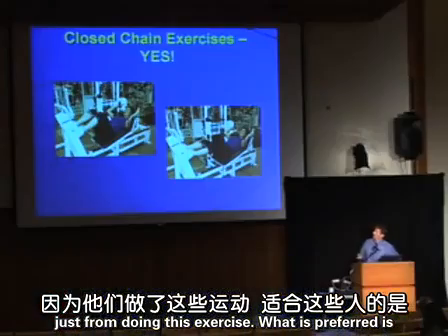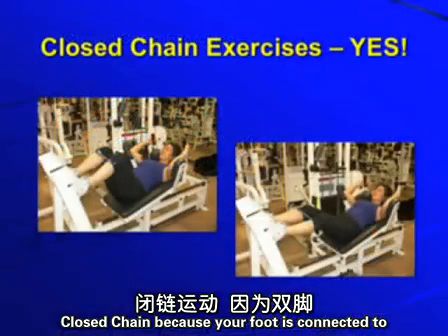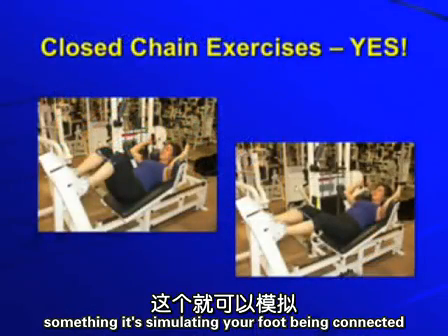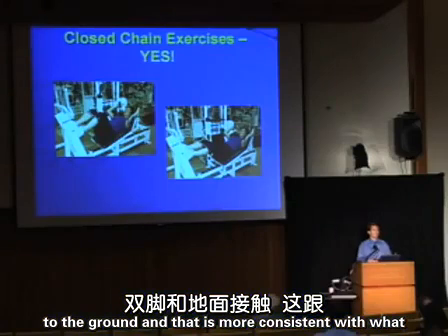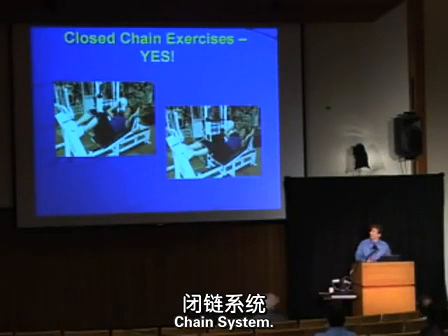What is preferred is something like the leg press, and this is what's called closed chain because your foot is connected to something. And when your foot's connected to something, it's simulating your foot being connected to the ground. And that is more consistent with what your foot is doing with running. So it's a closed chain system.